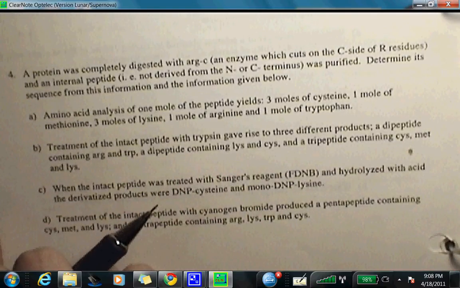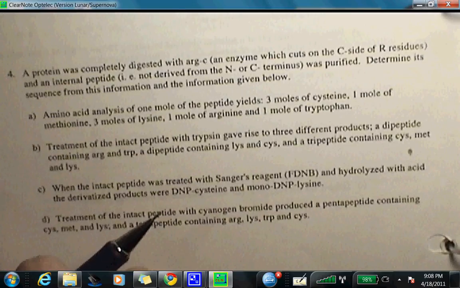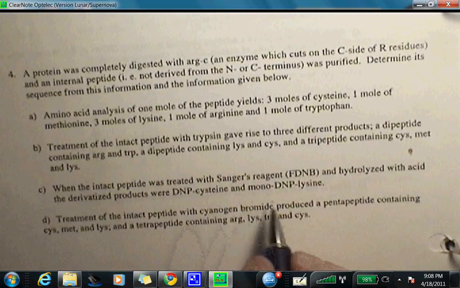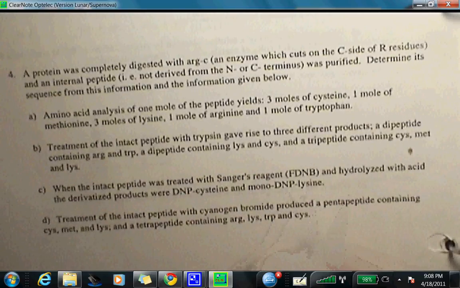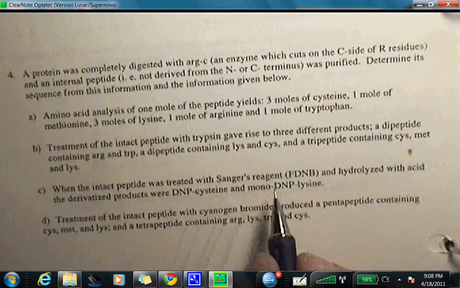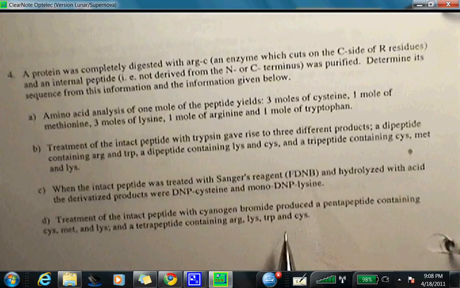But what's going to happen is when you use acid again, it's going to release that and actually reproduce some more of this, which will allow it to rebind to the next amino acid. And that's why you get a lot of cytosine and then one mono DNP.